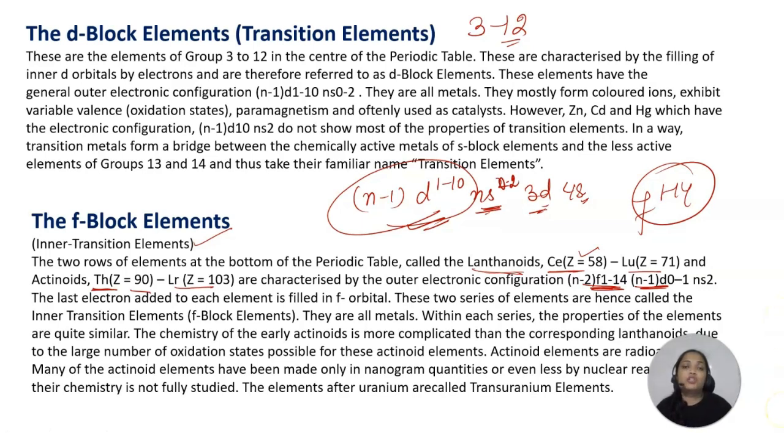They can show a large number of oxidation states, so their chemistry is very complicated. Actinoids are mainly radioactive also. So this was about the different blocks that we see in our periodic table.